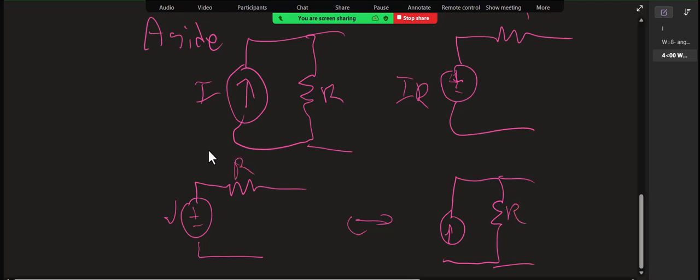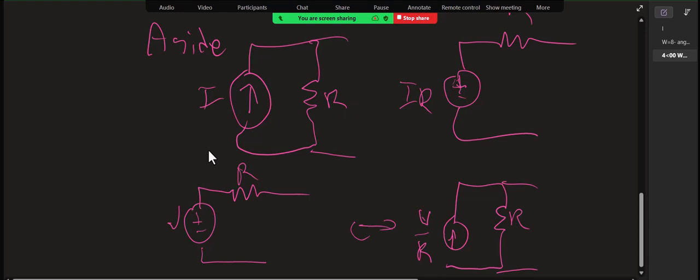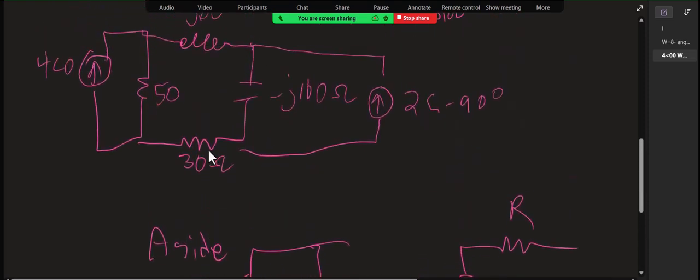The resistor stays the same, and the current will be V over R. You should never do a source transformation to try to find out information about the current source or the voltage source or the resistor that you're looking at. But if what you're looking at is somewhere else in the circuit, then you can do that source transformation to make your circuit a little bit easier.